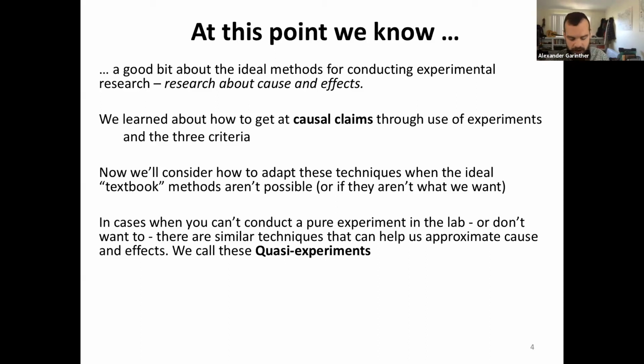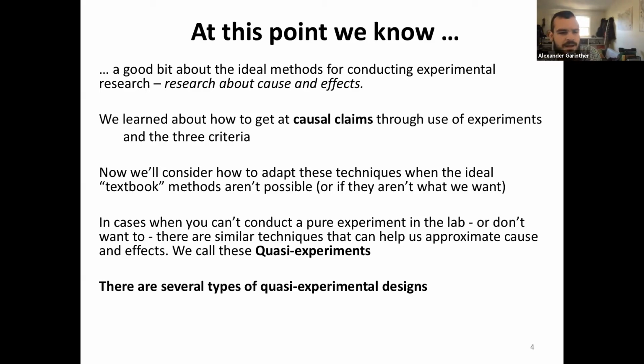For example, in a between subjects experiment, we can look at sort of naturally occurring variation. So I think Tamara used an example in the first day of class about natural variation in water quality.